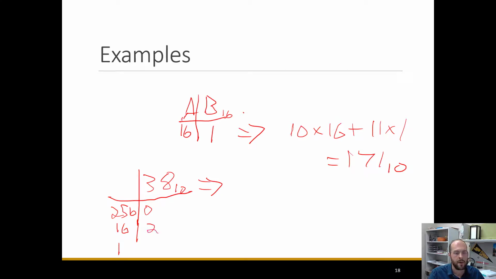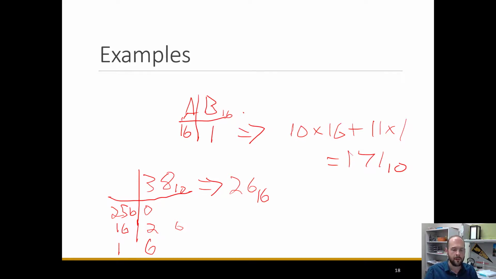Yes. The option here is more than just yes or no, though. How many times does 16 go into that number? It goes 2 times. And then what's remaining after you take out 16 times 2 is just a 6. And then does 1 go into 6? Yes, 6 times. So 38 in base 10 equals 26 in base 16.